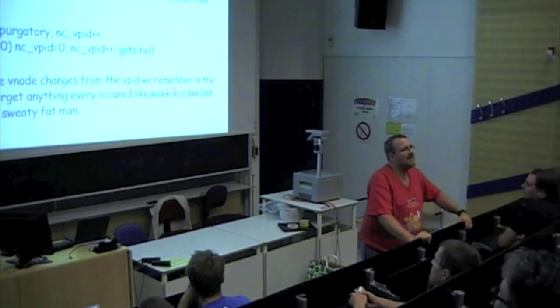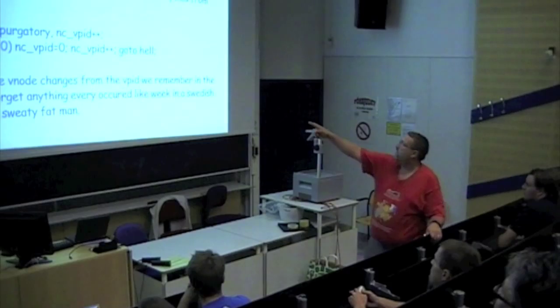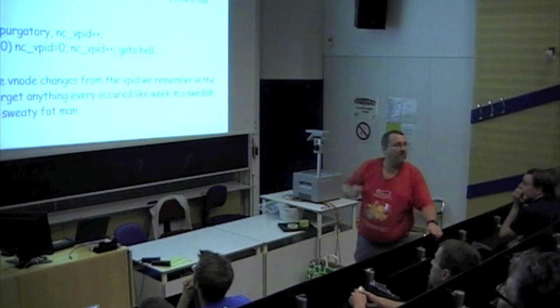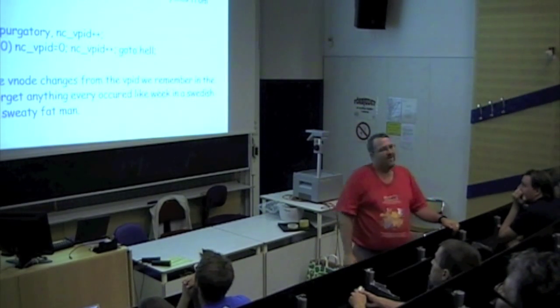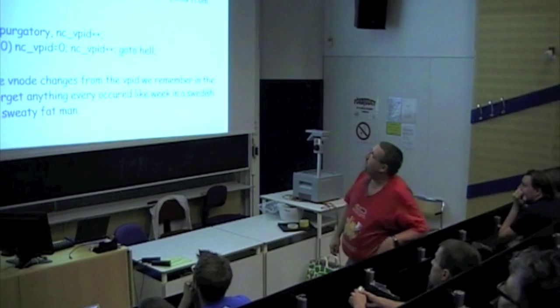Well, so what they did is they introduced this horrific hack, which is every time they reuse a vnode, they increment a counter. And note the welcome, so that would be welcome to hell, ++NC_VPID. That's just a global counter.